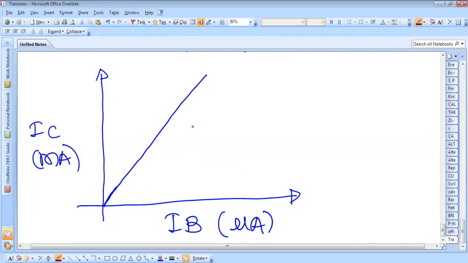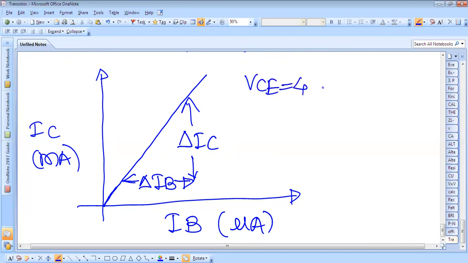Therefore we can take the slope of this, that is the change in collector current to the change in base current, keeping VCE constant, that is 4 volt, suppose.